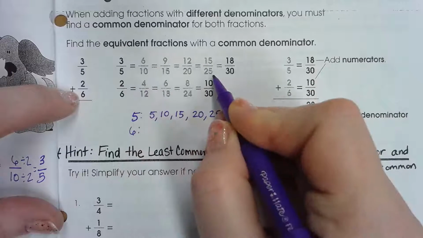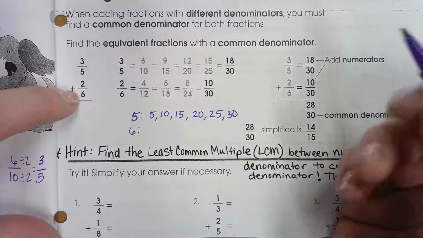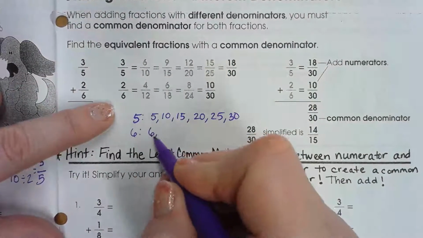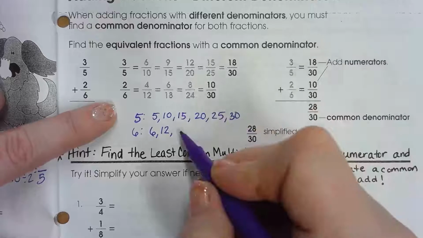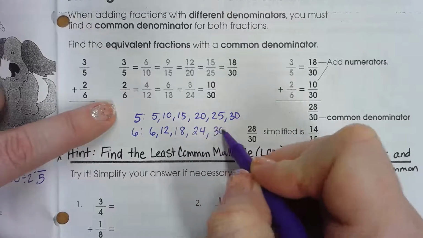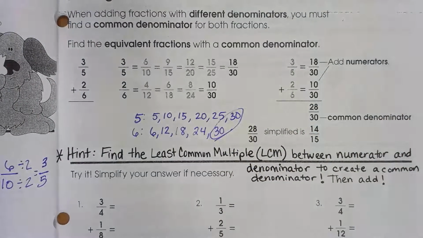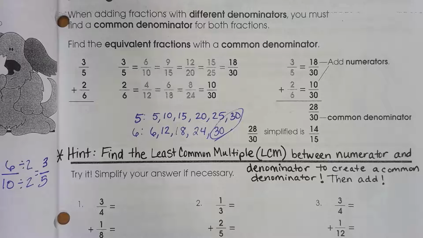That's what they did here, right? But they just found both the numerator and denominator at the same time. And then for 6s, if we skip count or use your multiplication chart, 6, 12, 18, 24, and 30, we find that common multiple of 30.